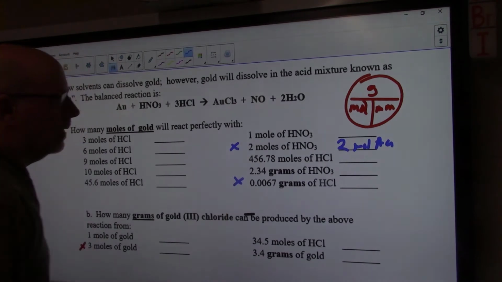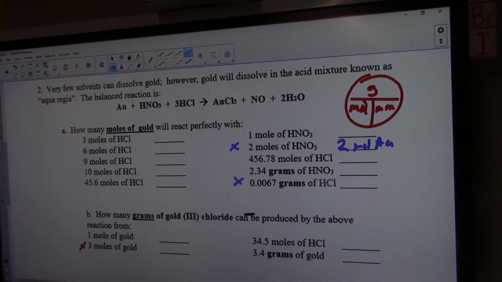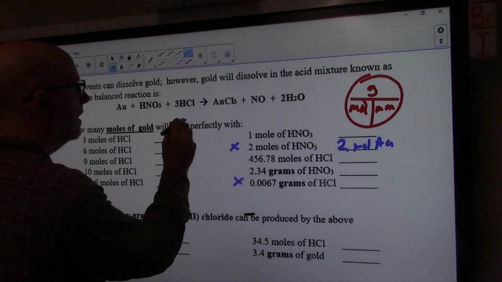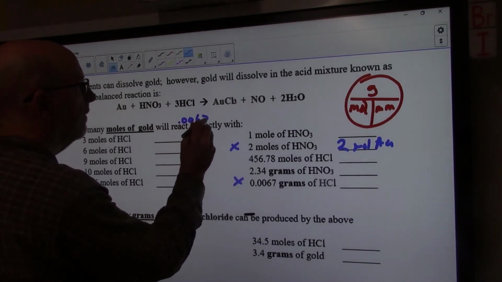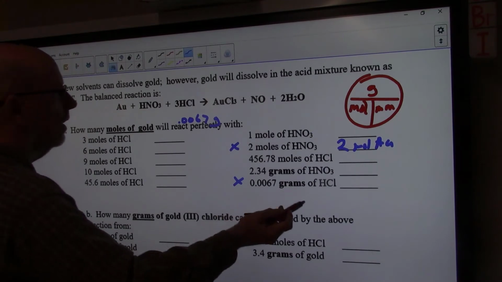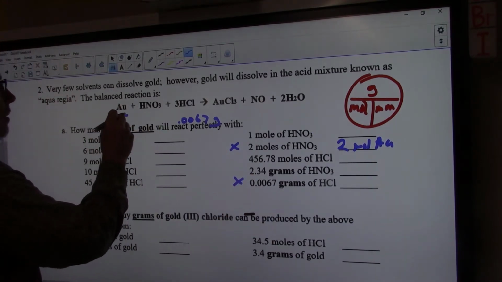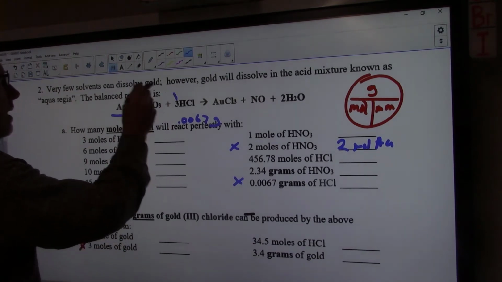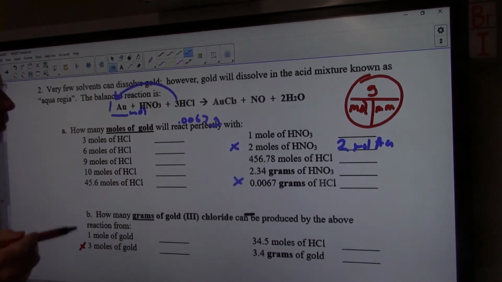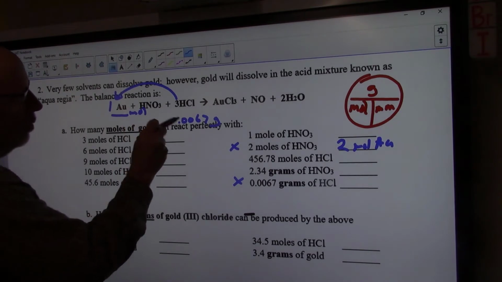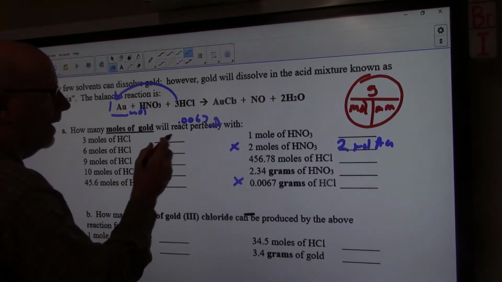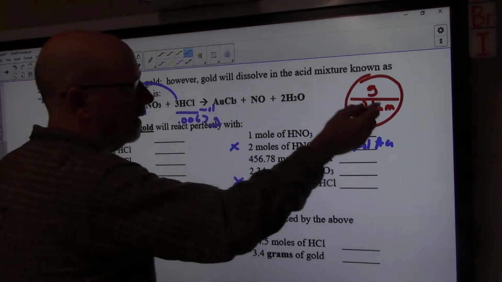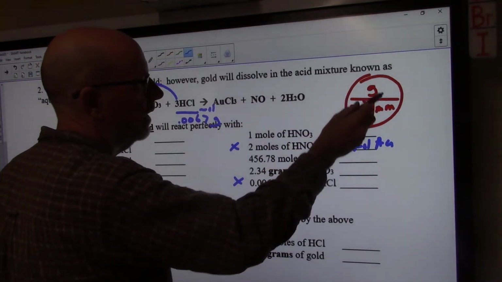Let's do this one. 0.0067 grams of HCl. So I need to write kind of small. 0.0067 grams of HCl will give me how many moles of gold? Well, I need to recognize that this is a 3 to 1 mole to mole ratio. So I need to get the moles of HCl first. And to get the moles of HCl, I need to use my little calculator. Moles equals grams divided by molar mass.